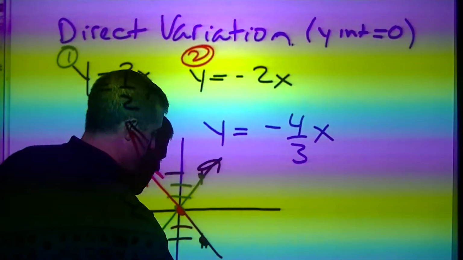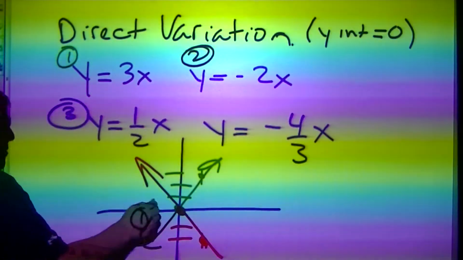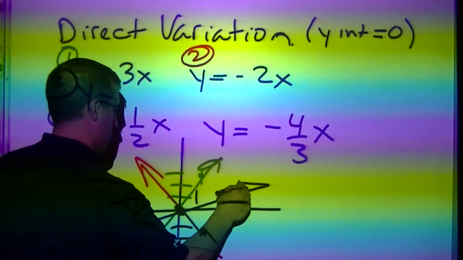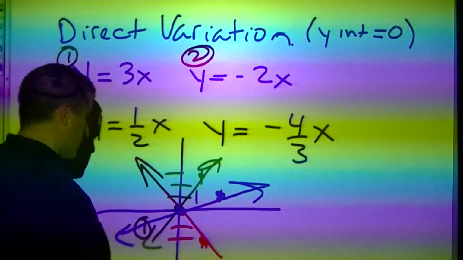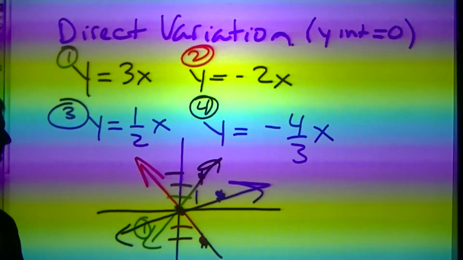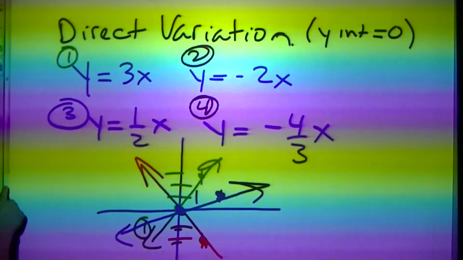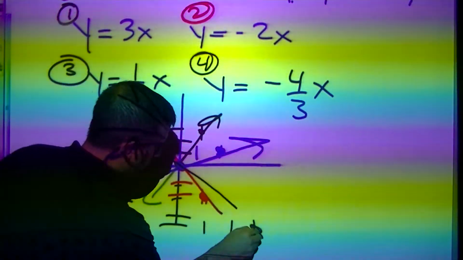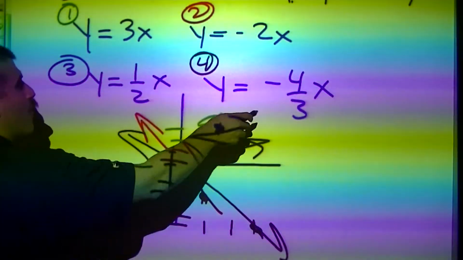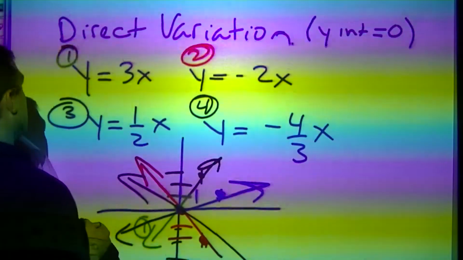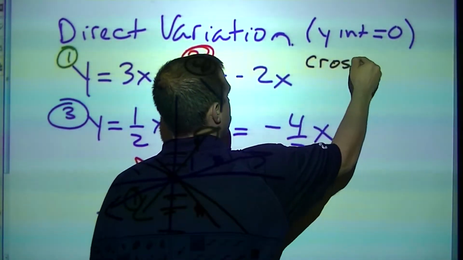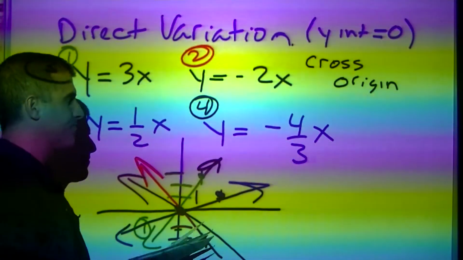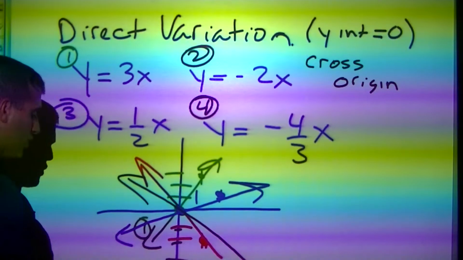This one graph in blue, we'll call it graph number 3. That's up 1 over 1, 2. And then let's call this one in the black line number 4. That'd be down 1, 2, 3, 4, 1, 2, and 3. And if you notice, all of the lines have a y-intercept of 0, and they cross the origin. So that's how you can tell direct variation graphs.